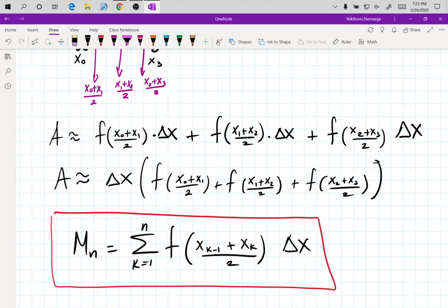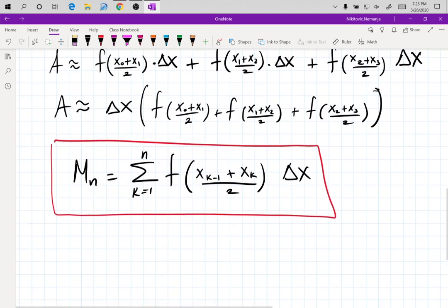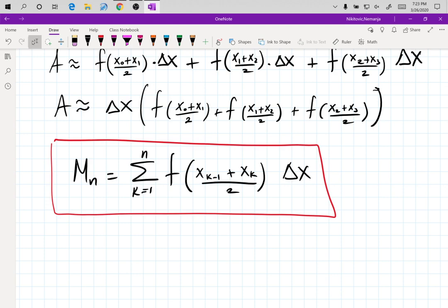So if you have 6 rectangles, then k goes from 1 to 6, and you will have 6 of these calculations to do. Now obviously, and again, I don't care if you are a computer science major or not, all of you should be able to program this loop in whatever programming language you like to use, and just let the computer do it. It's just a couple of lines of code, and it's the most basic thing.